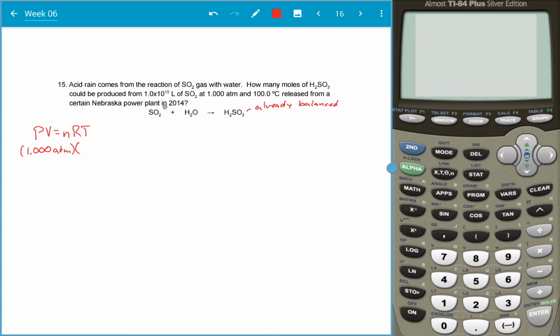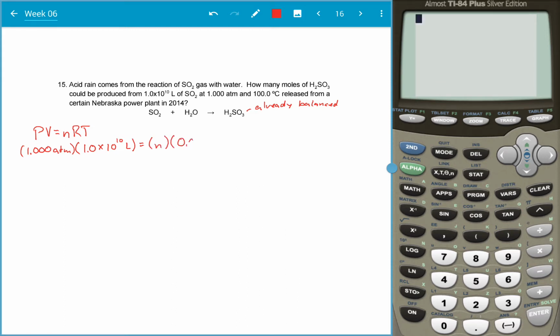My volume is in liters. That's already in the right unit, so I can use 1.0 times 10 to the 10th liters. And I'm wanting moles, so I'm going to leave n alone.